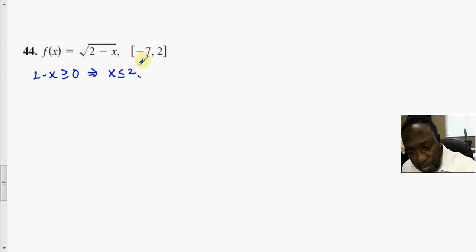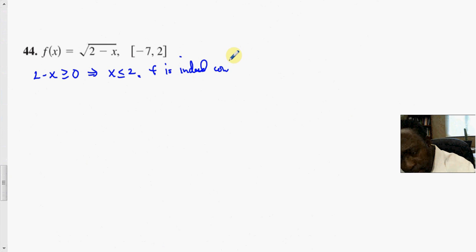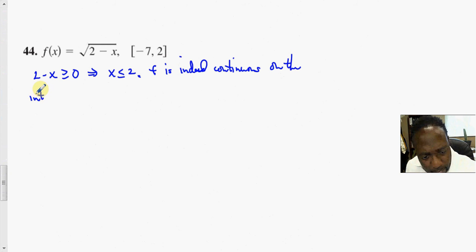Now, f is indeed continuous on the interval from -7 to 2.